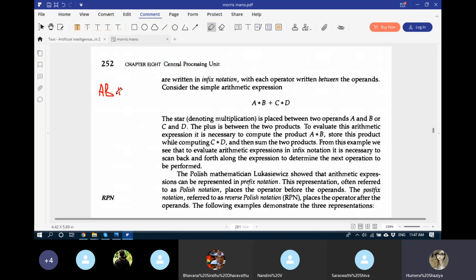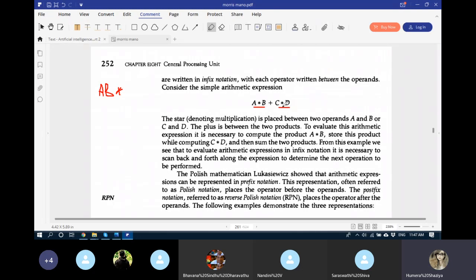Okay, and then essentially you have to consider the priorities also. Priorities of the operators are also important. Here in this expression, A into B is evaluated first, then C into D is evaluated, at the same time.